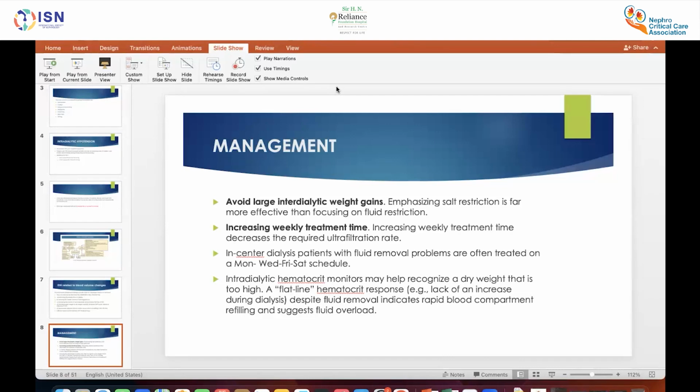Whether we are doing it here in Reliance? Sir, we are not doing it. What is the question? Sir, can you repeat the question? This last sentence: a lack of increase in hematocrit during dialysis despite fluid removal indicates rapid blood compartment refilling and suggests fluid overload.